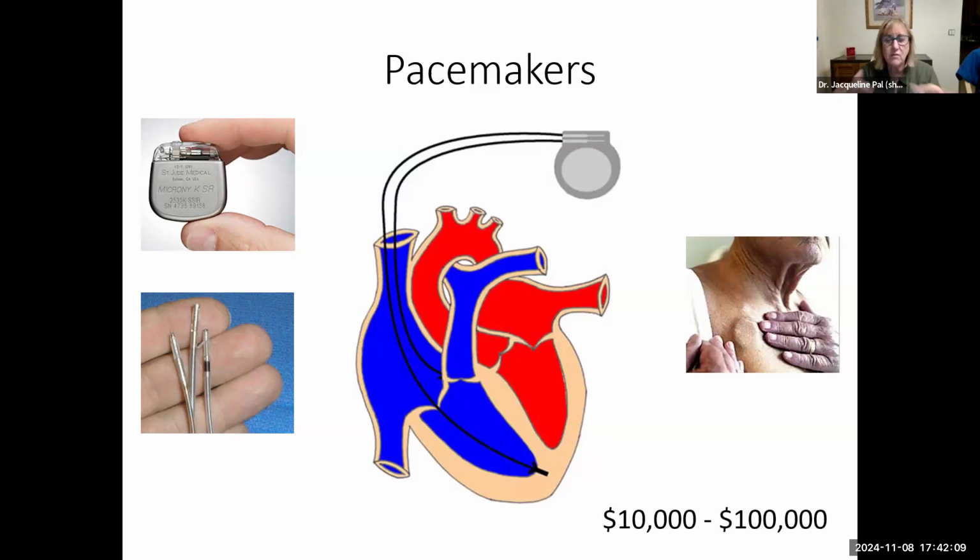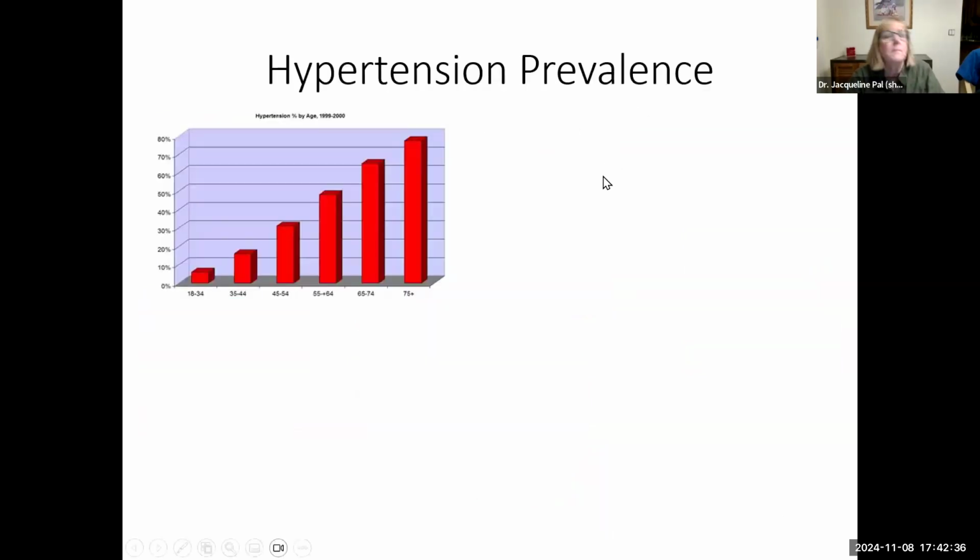A pacemaker that needs to recognize when you have arrhythmias and give you a cardioversion is going to be a much more expensive pacemaker. So there are all different kinds of pacemakers. Here's a hint: if you're a 95-year-old, you're not going to be getting the $100,000 pacemaker. You're going to be getting the cheaper version. Okay, so pacemakers are definitely lifesavers.